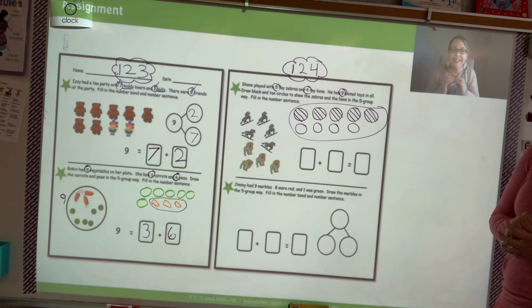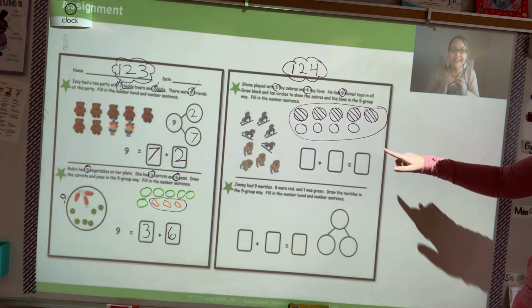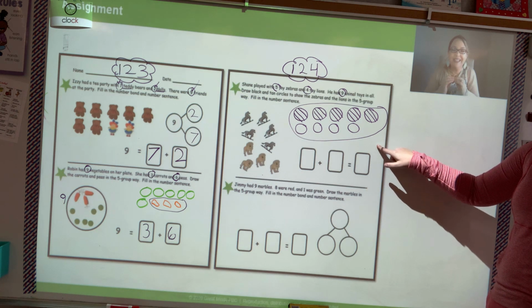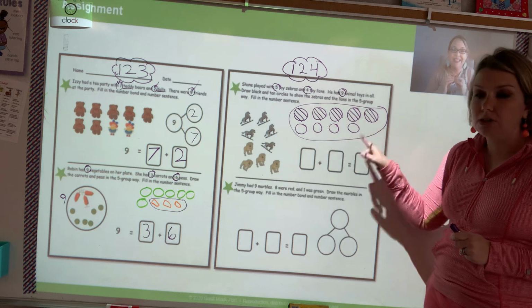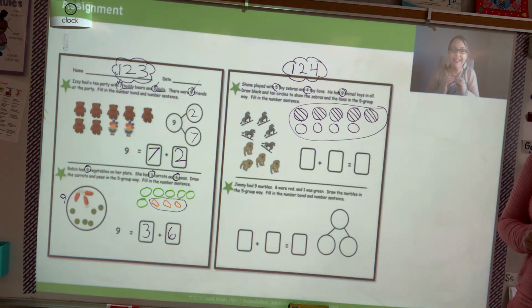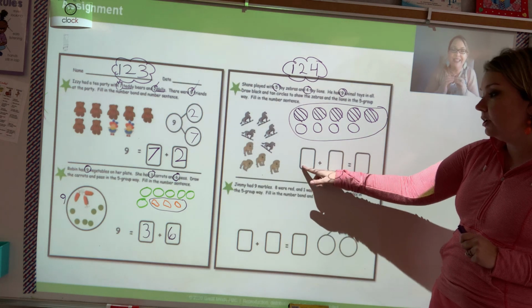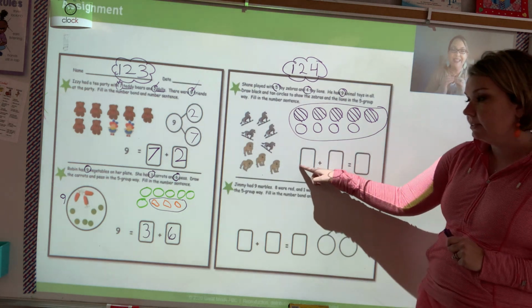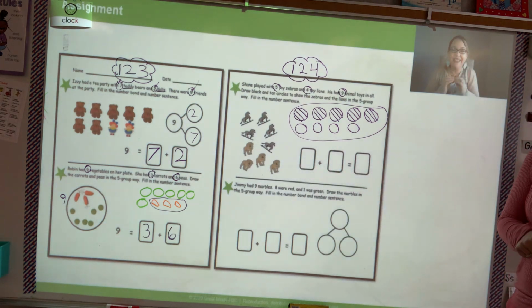What are you talking about? Honey, I need you focusing. Look right here at this story problem. What is my whole? How many do I have all together? 9. Very good. Where is the whole going to go on this number sentence?